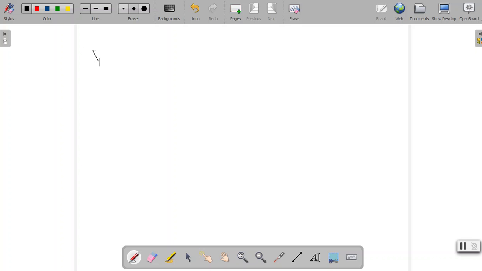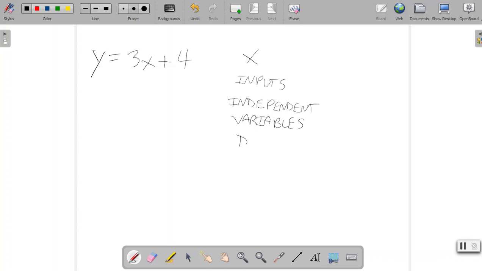So, in the simplest way of putting it, a function is a relationship between two sets of numbers. The x numbers I could call inputs, or I could call them independent variables, or most mathematically, I call them the domain.